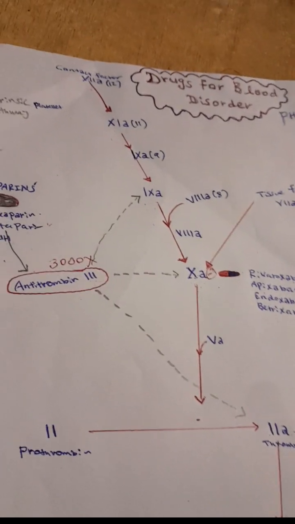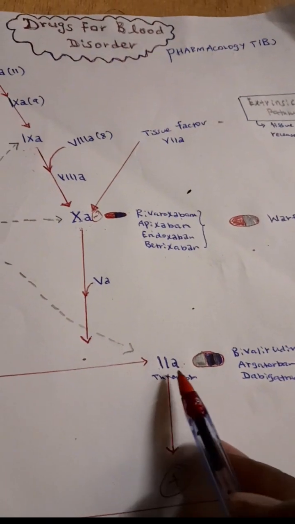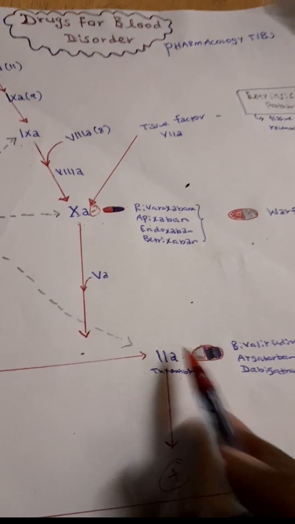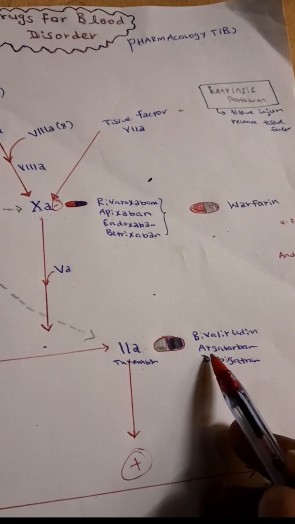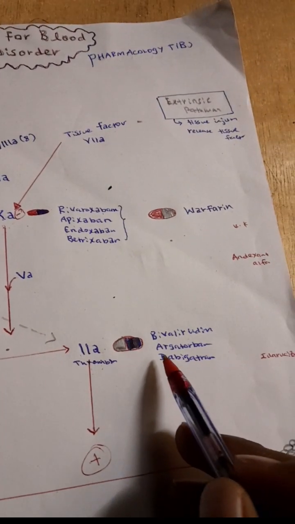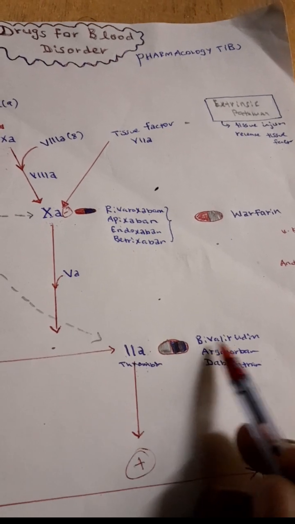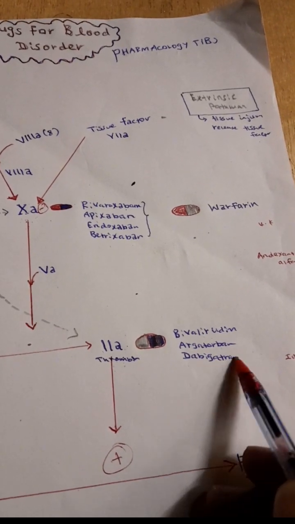The other medication we will see is the direct factor 2 inhibitor. These are bivalirudin, argatroban, dabigatran, and also hirudin.